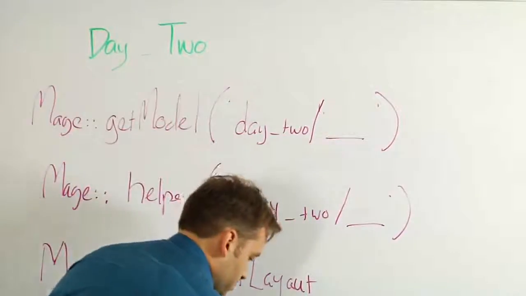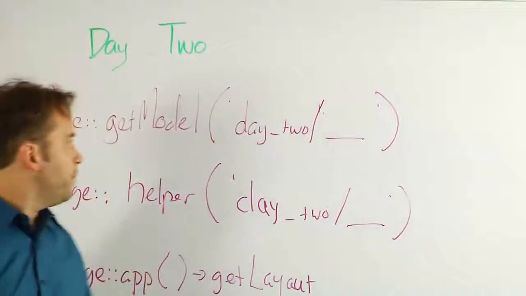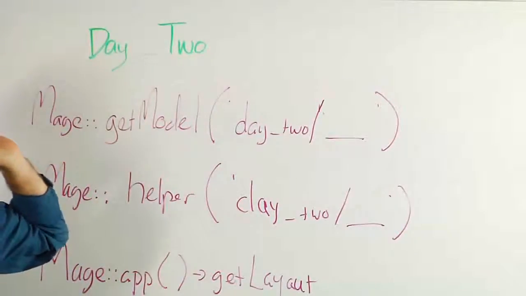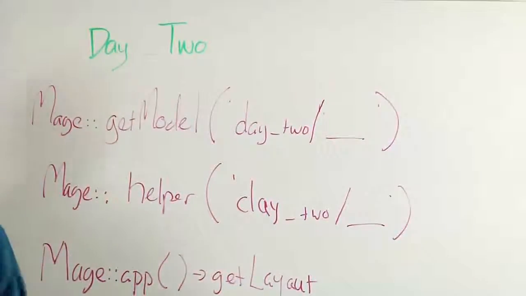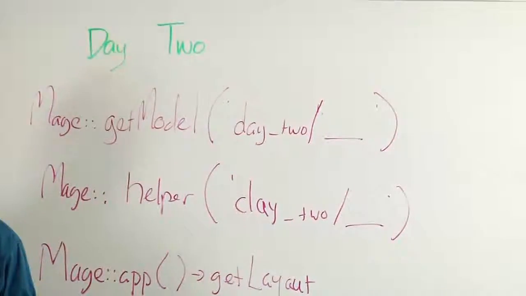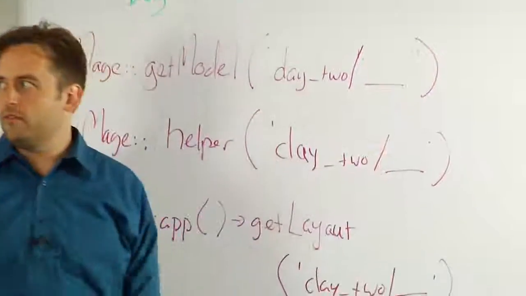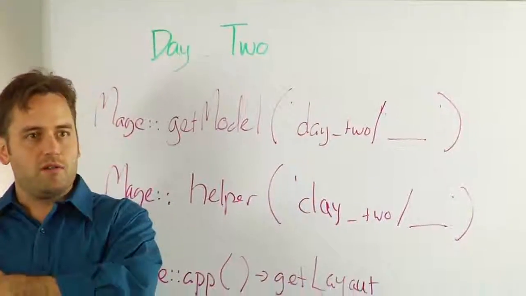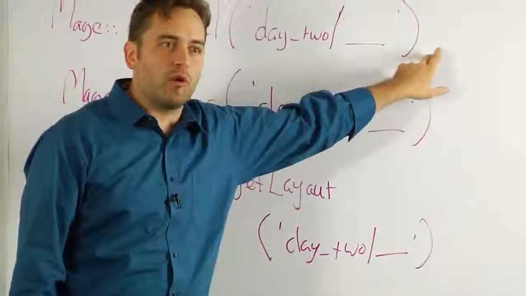This is the functional implication of this configuration right here. And once this is done, I can start making classes in my module to my heart's content, because if I create a file in the block folder, day2 block foo.php, well then I can call day2 foo. If I make one folder under block foo, and then in there I put a bar.php, well, this would be foo underscore bar.